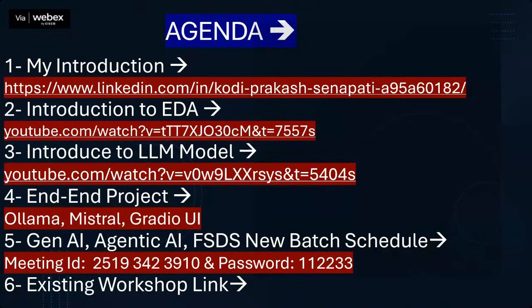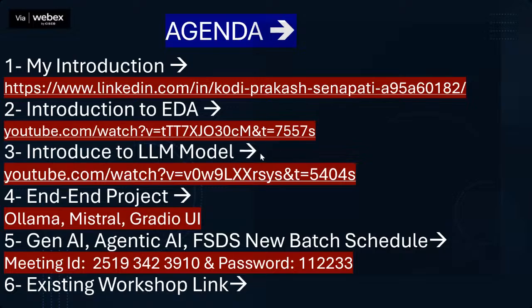So the agenda is very simple today. First, introductions. I won't take much time. Then an introduction to EDA, because I have already done previous workshops on EDA, so this is an advanced version of it. Second, an introduction to LLM models. I'll share the previous workshop link to understand LLM models in depth.